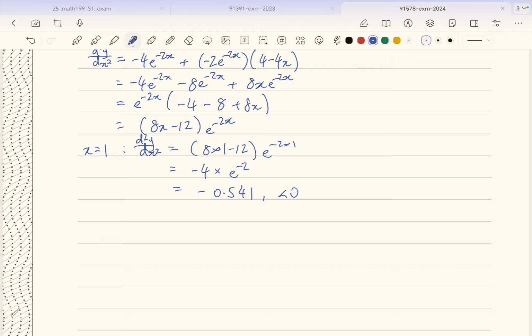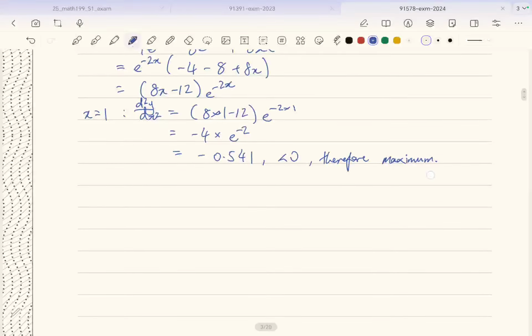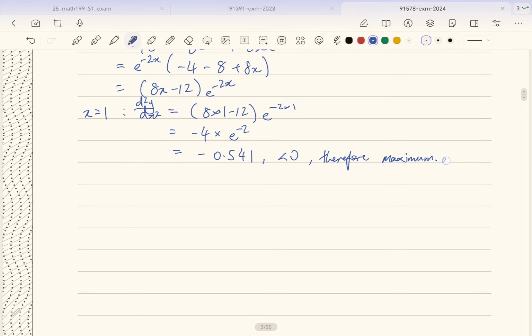Say less than 0. Since it's less than 0, therefore it's a local maximum, and therefore maximum at x equals 1. Right, so that's your part D done.